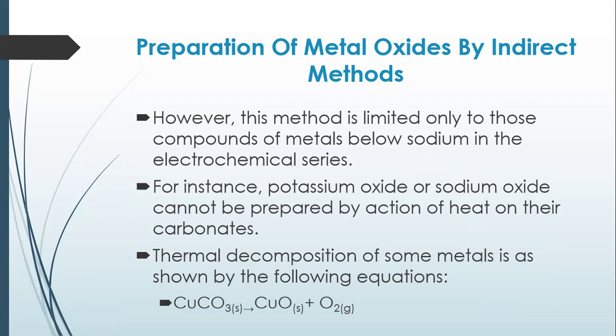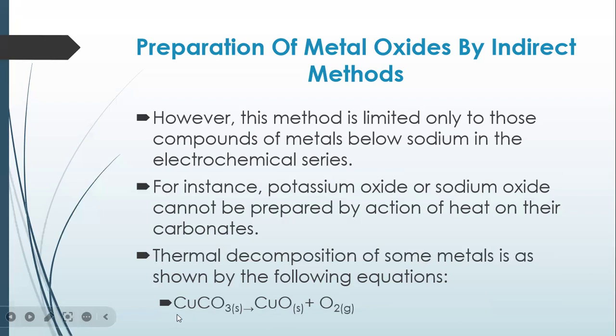For instance, potassium oxide or sodium oxide cannot be prepared by the action of heat on the carbonates, but the metals that are below these two can be prepared by this action of heat. The thermal decomposition of some metal compounds is shown by the following equations.